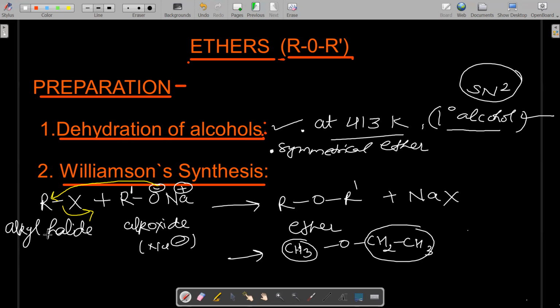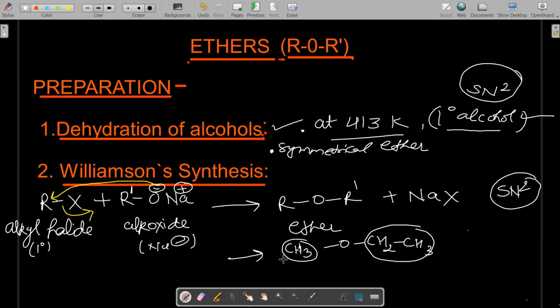In this case, always the alkyl halide is taken as a primary alkyl halide and the lower carbon alkyl halide. Because this Williamson synthesis reaction follows the SN2 mechanism, and SN2 mechanism is favorable for 1 degree alkyl halide and lower alkyl halide, meaning where there is less steric hindrance, where a lesser number of carbons is present.